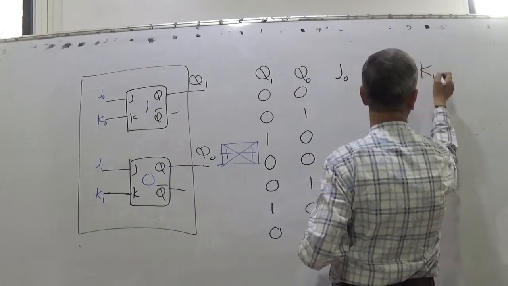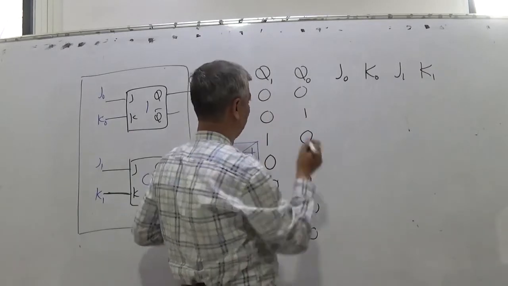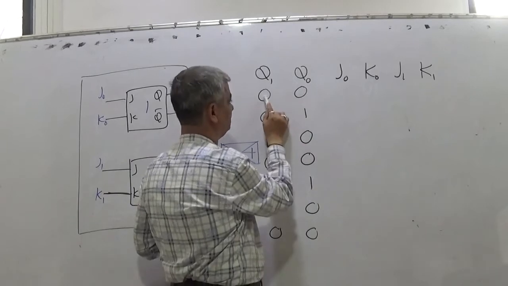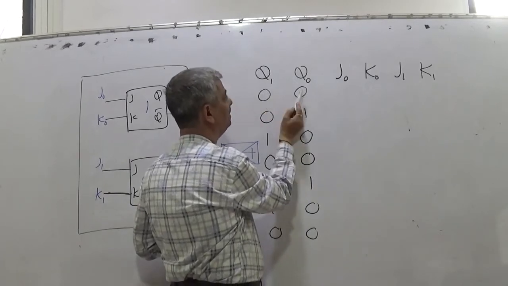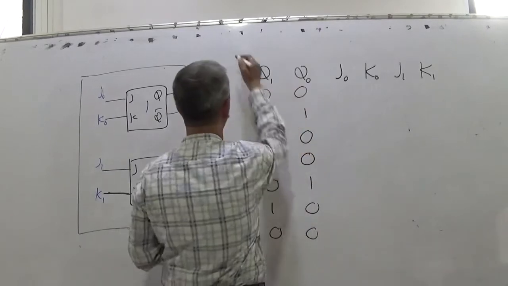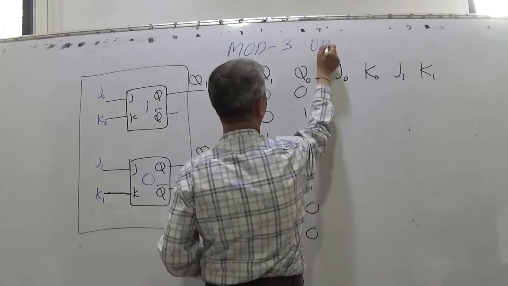It's a sequential circuit, so listen very carefully. In general, the discrete counter, current state 0, 0 of the 3-bit up counter, we are designing a mod 3 up counter.